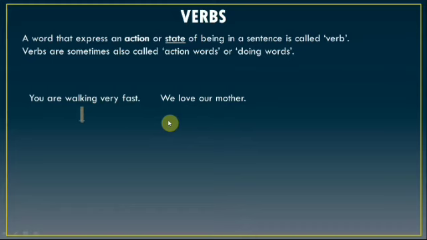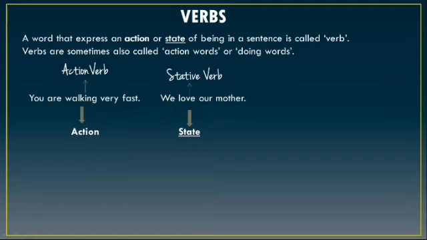So the verb which shows an action and the verb which shows a state. The verb which shows an action, you may call it action verb, and the verb which shows the state of the subject is called stative verb. All right, so you need to remember two points.